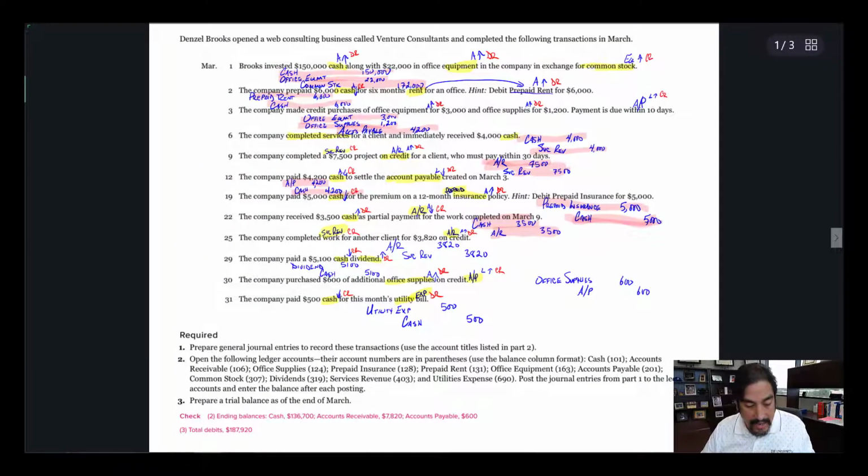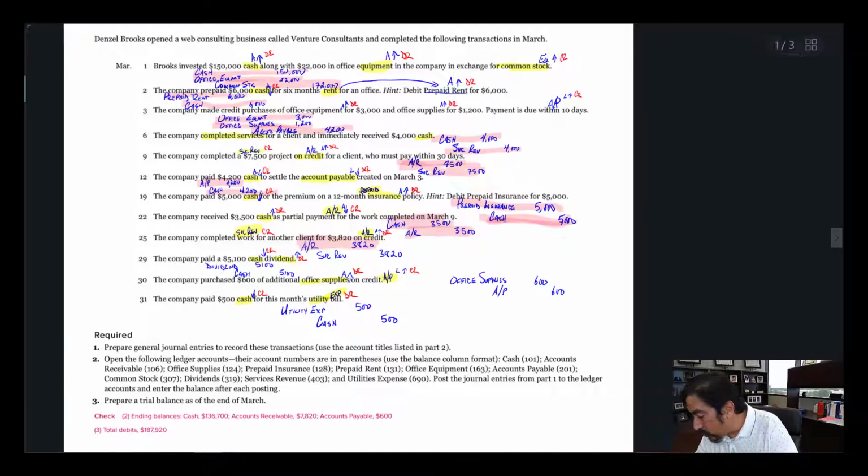This is why I'm highlighting all those pieces, because it's easy for me to get lost. And if they're highlighted, it's a little harder for me to get lost. A debit to accounts receivable for $3,820.